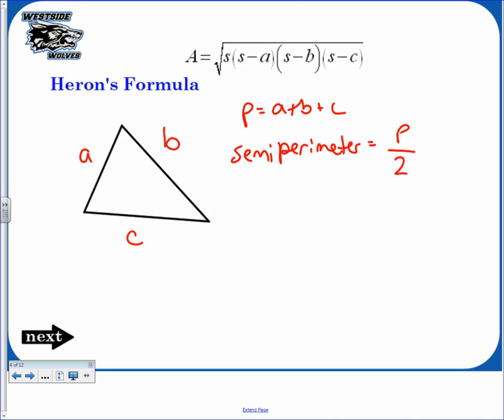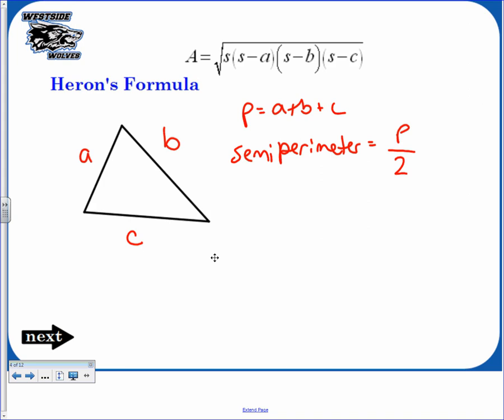That's what the S stands for in the problem. And so when we put those numbers into the formula and work it out, we end up with the area of any triangle. Notice we don't have a height, a base, or anything. We just have a three-sided triangle with no height in it, and that's where this formula applies.